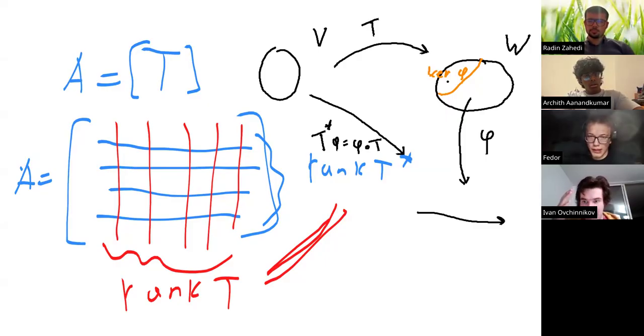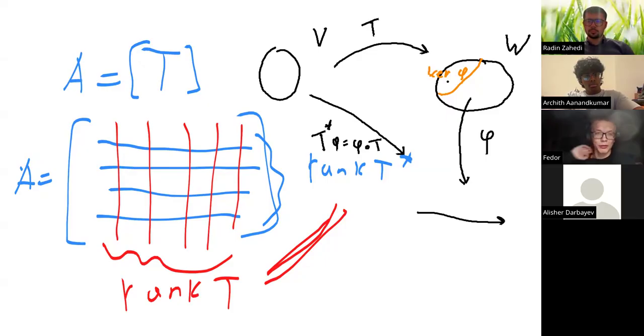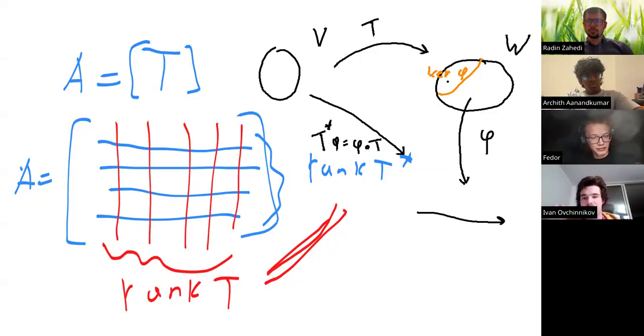Can T just be a map to 0? T could be a map to 0, but that's too specific. Suppose I fix a functional phi. What has to be true about T for T star phi to be 0?